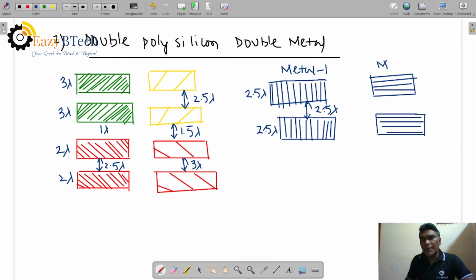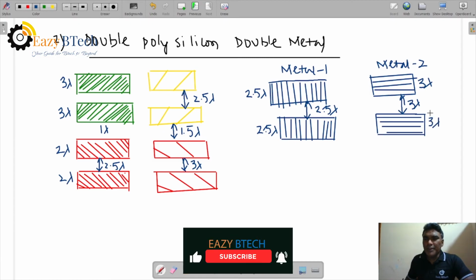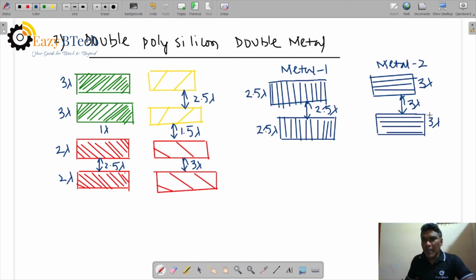Now metal 2. Metal 2 is 3 lambda, length and width 3 lambda. Separation is also 3 lambda. And this one is also 3 lambda, length 3 lambda, width 3 lambda. So 3 lambda representation means length and width, L into W.